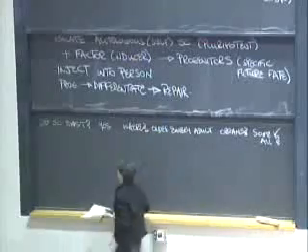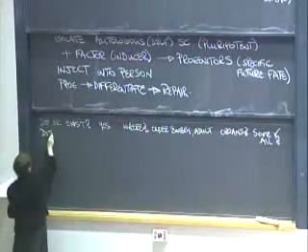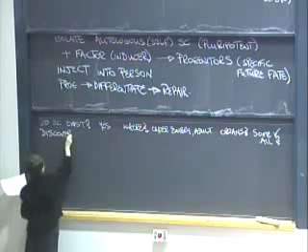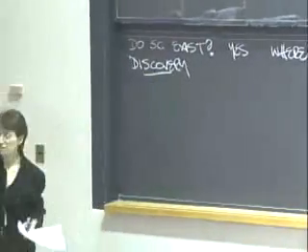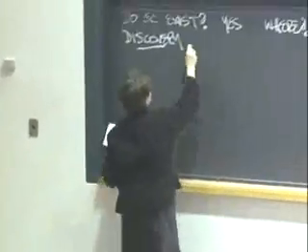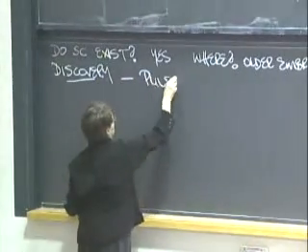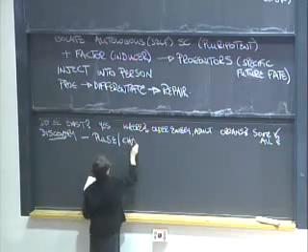So let's talk about the discovery of stem cells. The discovery of stem cells was an accident, and it came about when people started looking to see how long cells lived in a particular organ. And the way you do this is by using a protocol called a pulse chase experiment.